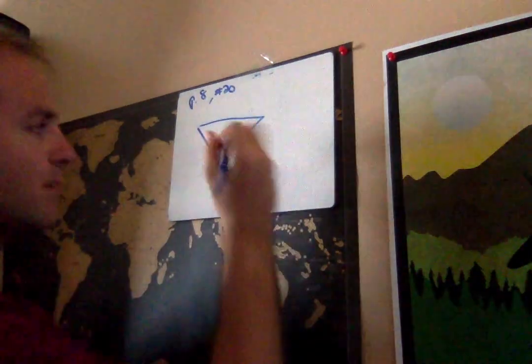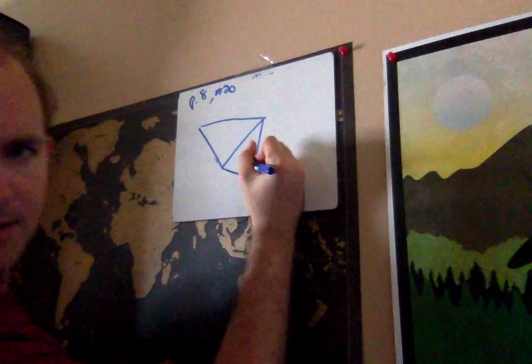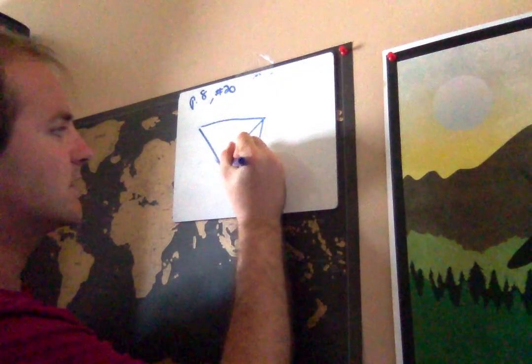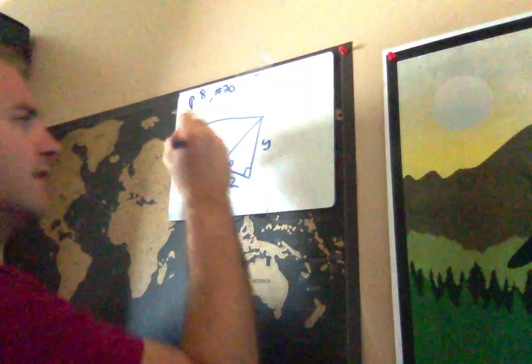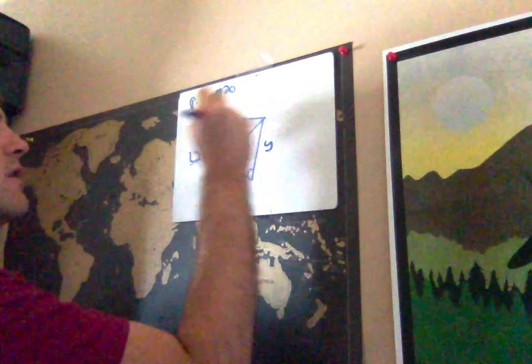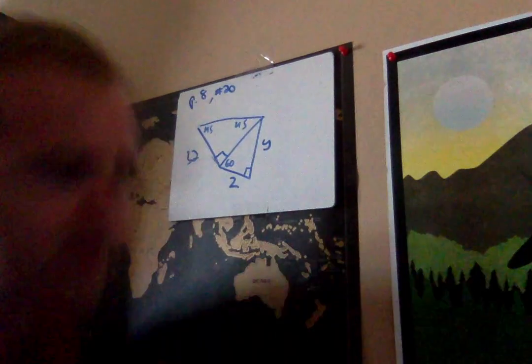That's 60. That's y, z. That's 32, 45, 45, 90, and x.